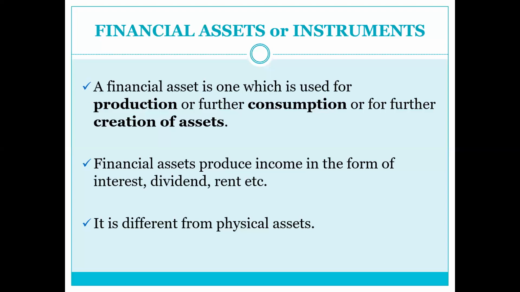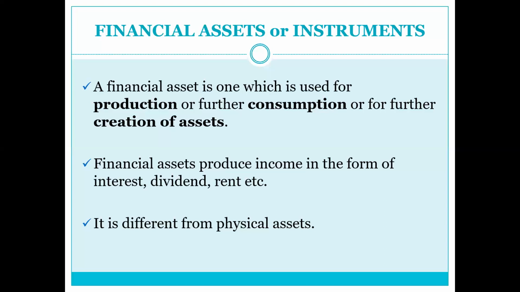Now, it is going to give you returns in the form of interest on a regular basis. You can consider that money as a financial asset, the money which you deposited in the bank, or you invested in a post office savings bank. There also, at a regular interval, you will be earning an interest. So then again, that amount that you invested can be termed as a financial asset.